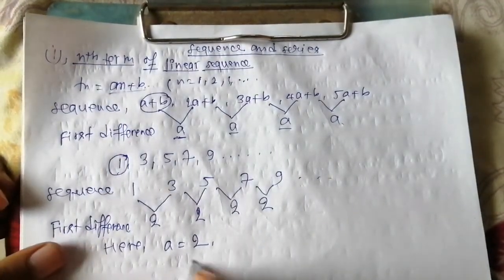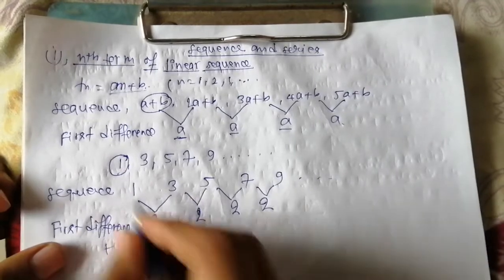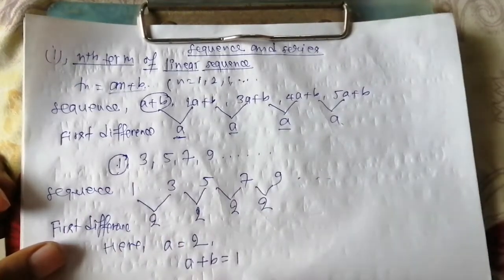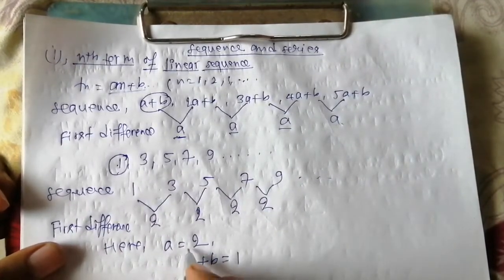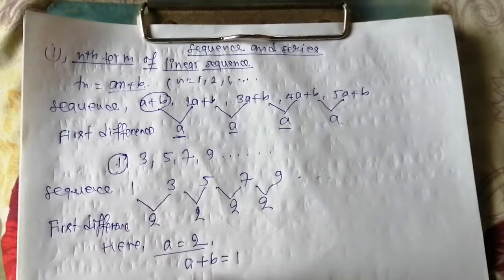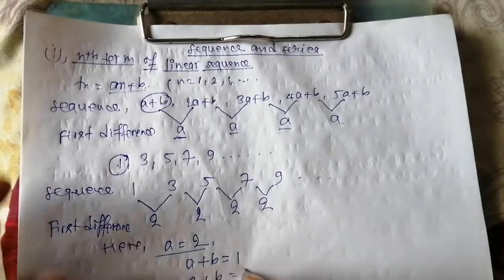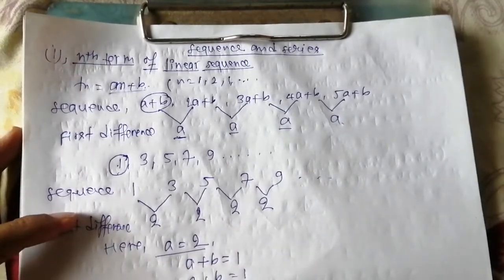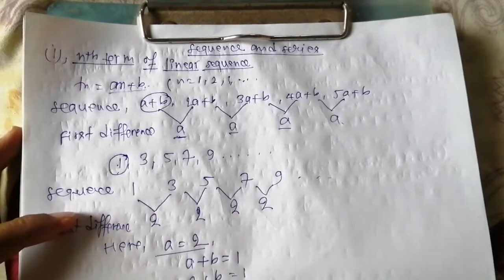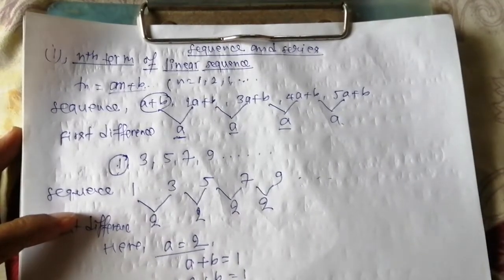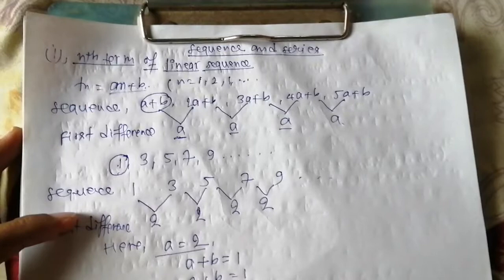So a plus b should be equal to the first term, that is 1. We have already found that a is equal to 2, so 2 plus b is equal to 1, and b is given by 1 minus 2. Therefore b is equal to minus 1.